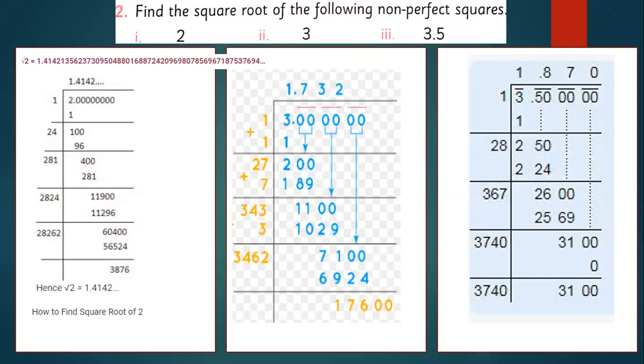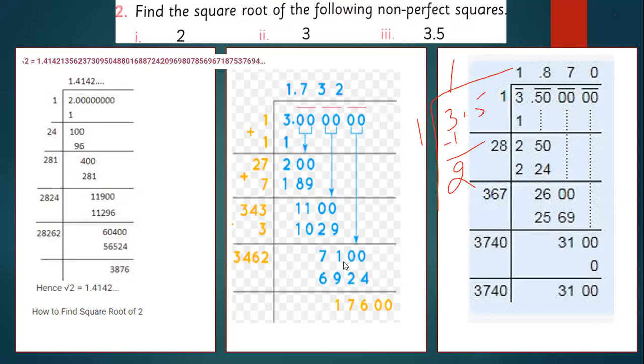Do this one. Which one? 3.5. So how will we do this 3.5? You know, we have done the decimals. So doing the square root of 3.5, how will we do? So 1 that you see here, you will just subtract. By subtracting, you are getting 1.